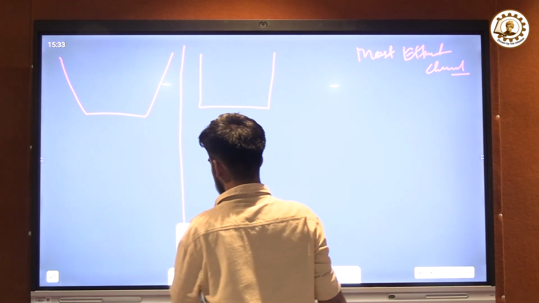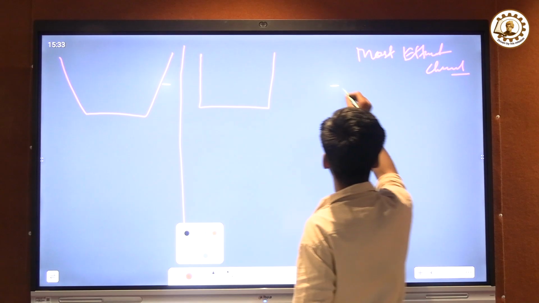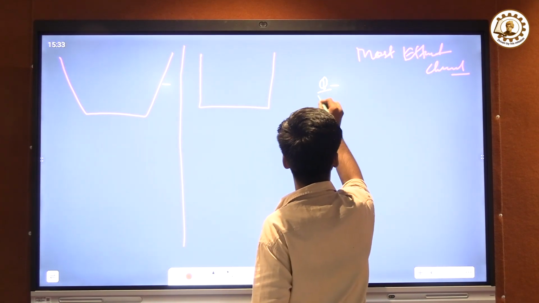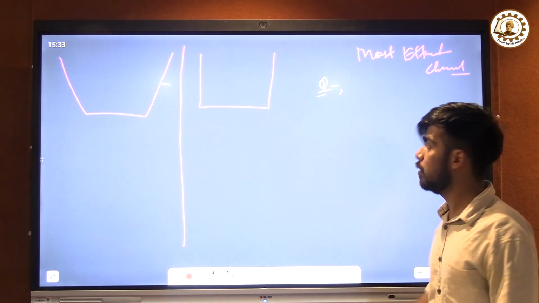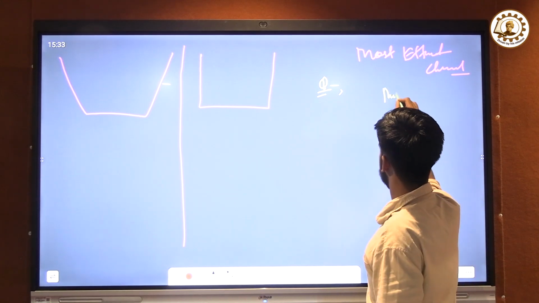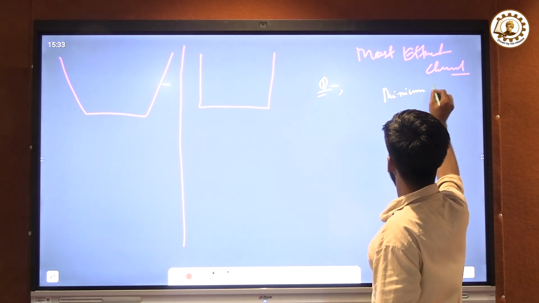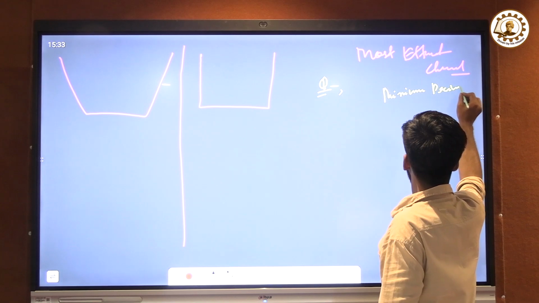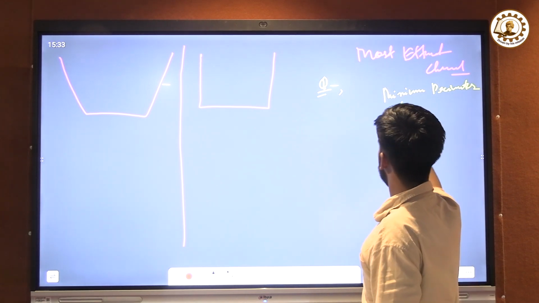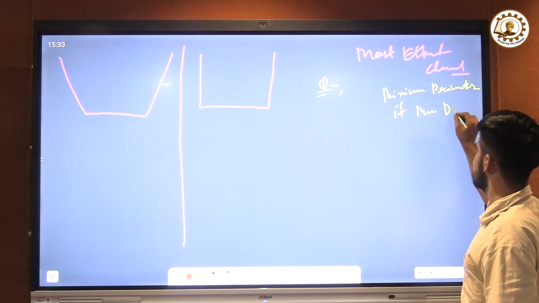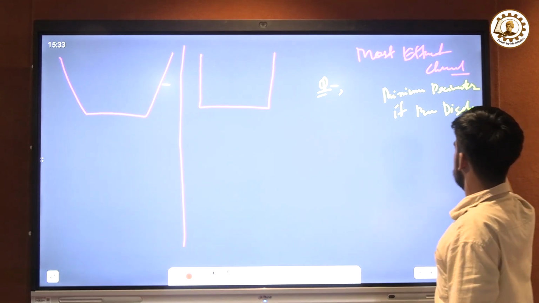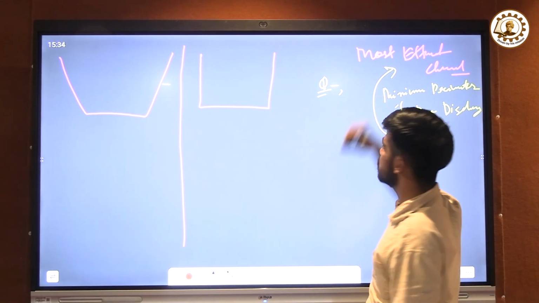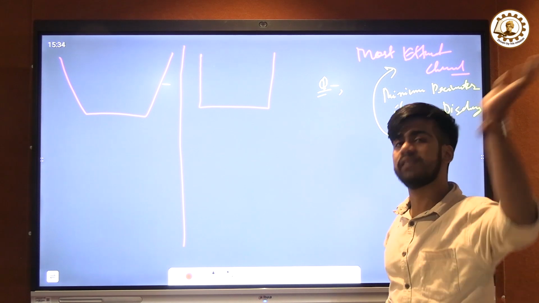It is for a constant value of Q, or a given value of Q, a minimum perimeter. If the channel is providing maximum discharge, this is called the most efficient section of the particular channel.